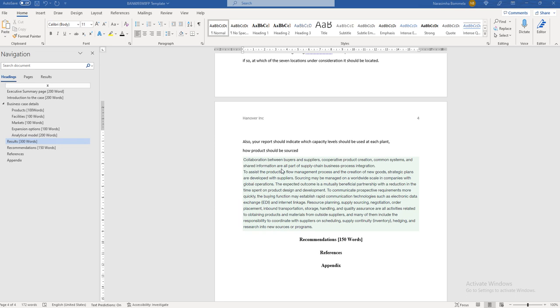That is the main question we need to address here. It is clearly given: establishing collaboration between suppliers and buyers, cooperative product creation, common systems. There are some strategies mentioned here. So we should speak about supply chain collaboration related aspects, procuring raw materials and implementing the project. Related to that, we are supposed to write.